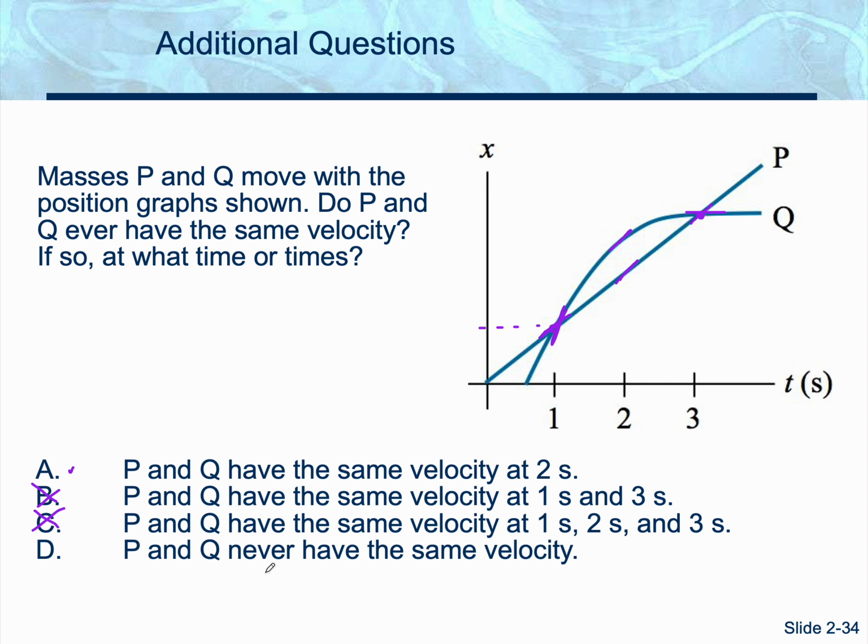P and Q never have the same velocity. Well, this is a possibility, but we know we have to choose one of these answers. Take a look at Q for a moment.